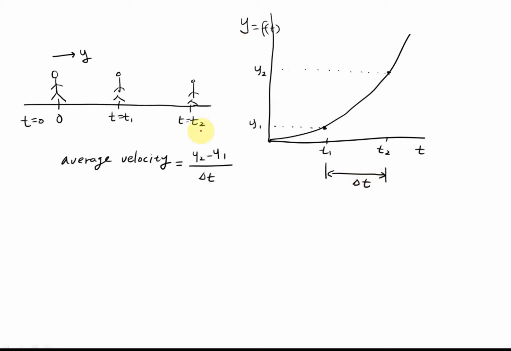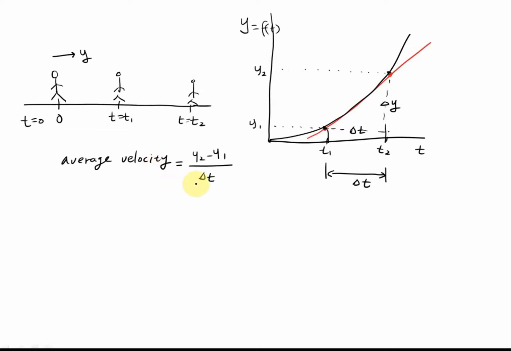If you look at this average velocity, this is the slope of this linear line. Okay, so this line passes through these 2 points. If you just look at time t2 and time t1, this is delta t and this is the displacement delta y. So the slope of this graph shows the average velocity.